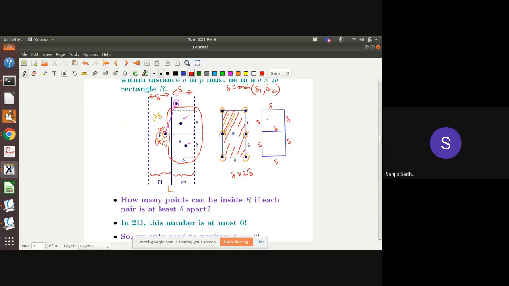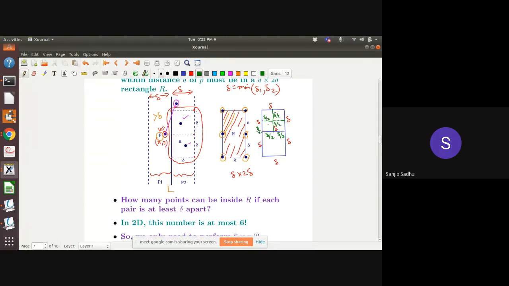Now here in this case, I am further subdividing it. This is delta by 2, delta by 2, delta by 2, delta by 2, like this.